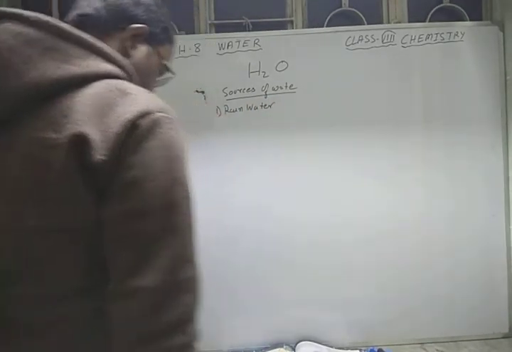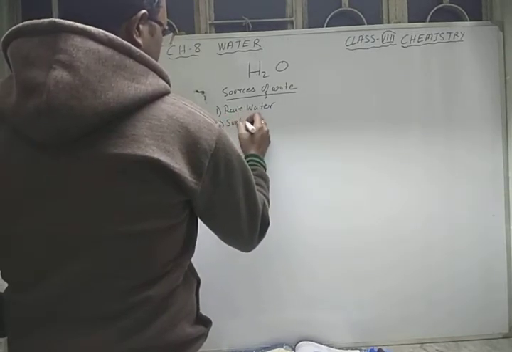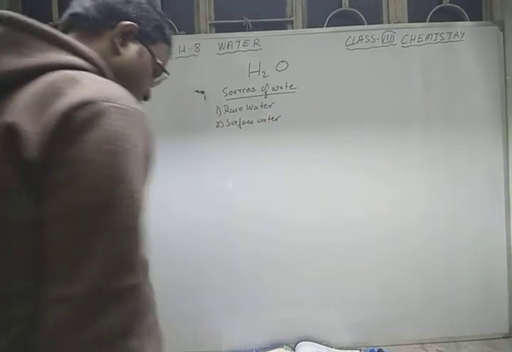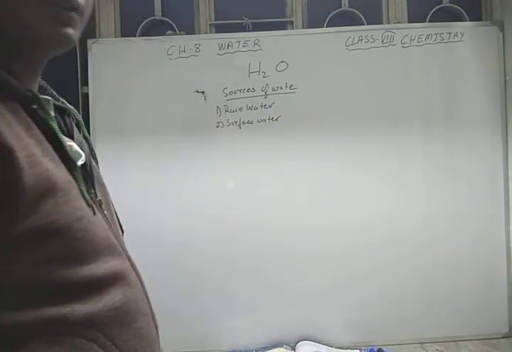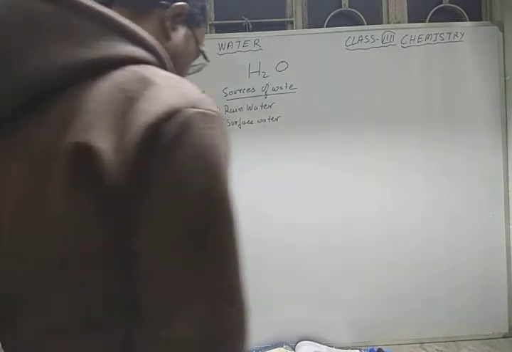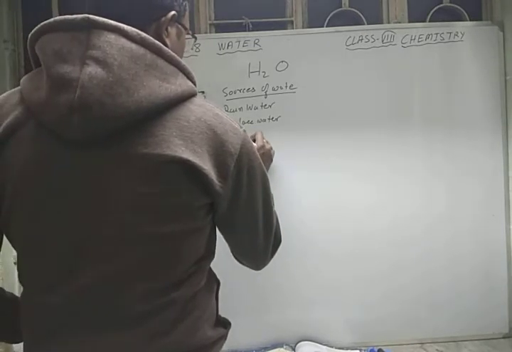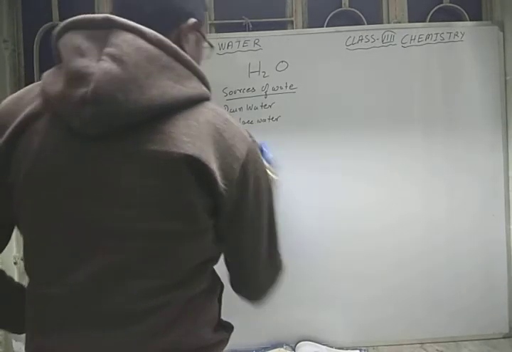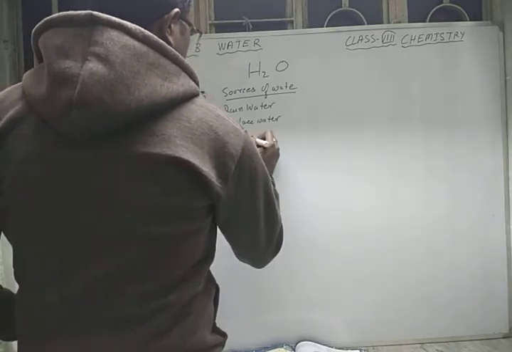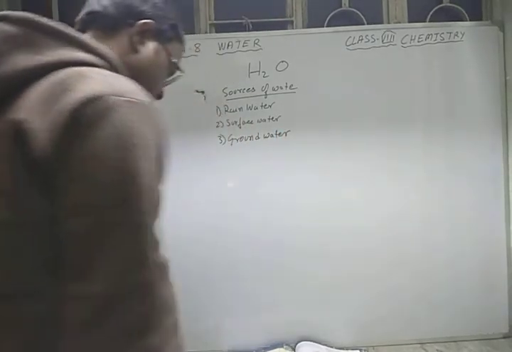After that, surface water, which consists of seas, oceans, lakes, ponds and other water bodies. Then the third one is groundwater, meaning underground water, which is very essential.